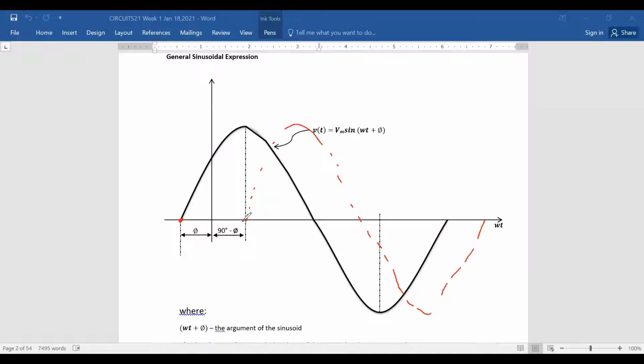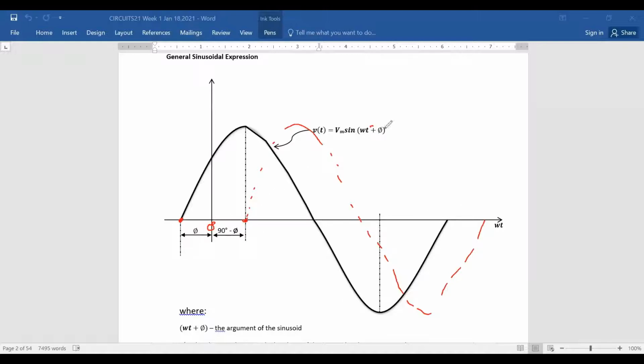So if we start here, to the right side of our intersection here, then the expression must be equal to Bm sine omega t minus phi if we start here along the x-axis.